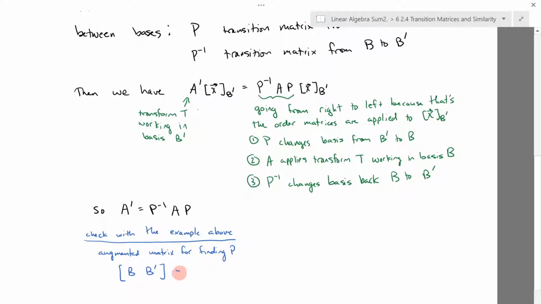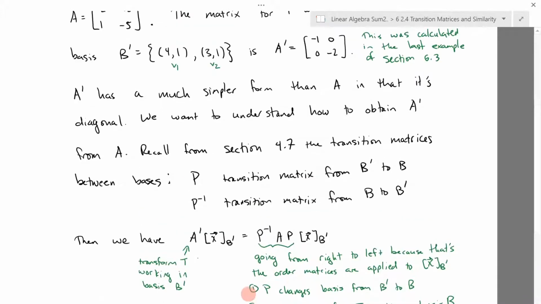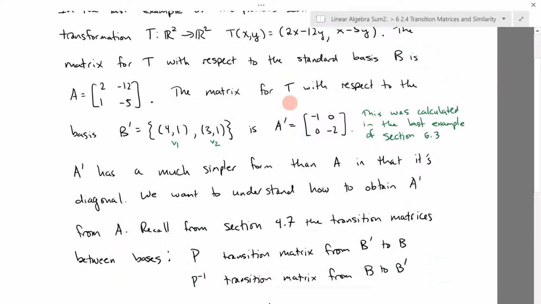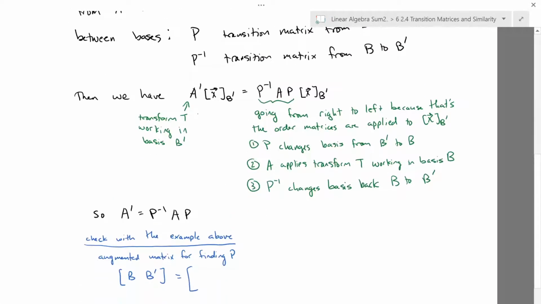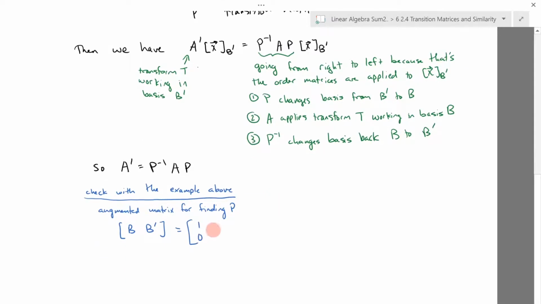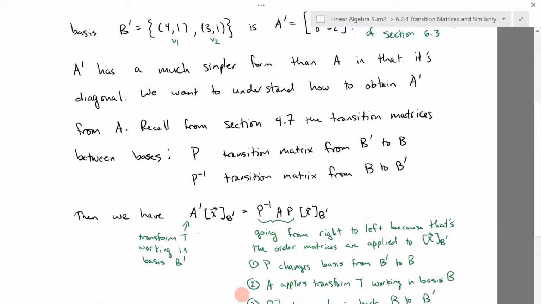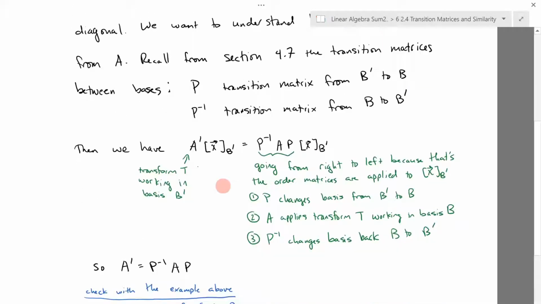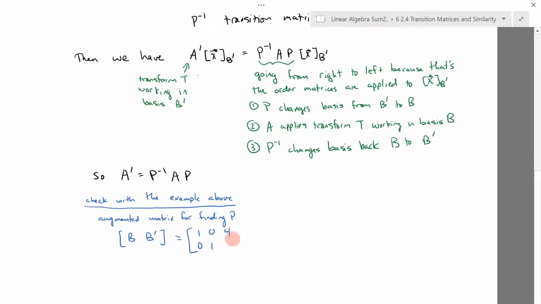If we write this out, I take the basis vectors in B, which is the standard basis, and write them as column vectors. That's just (1, 0) and (0, 1). Then B prime as column vectors would be (4, 1) and (3, 1). The procedure was to do row reduced echelon form.